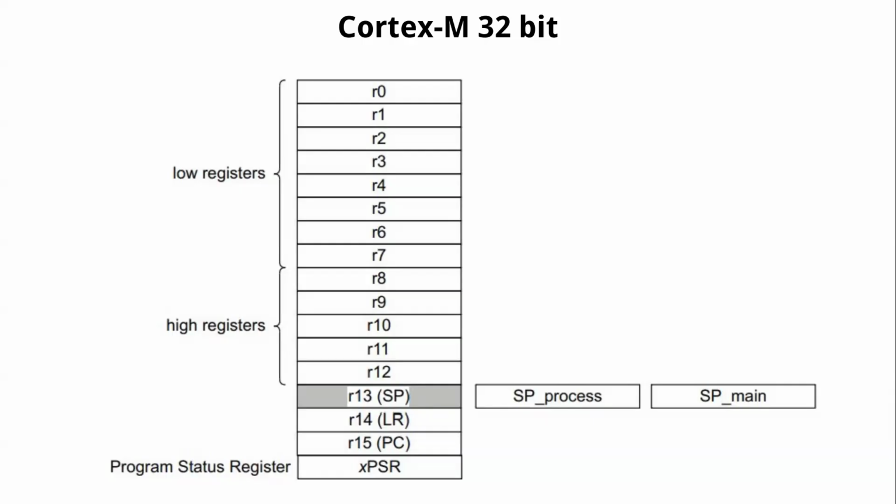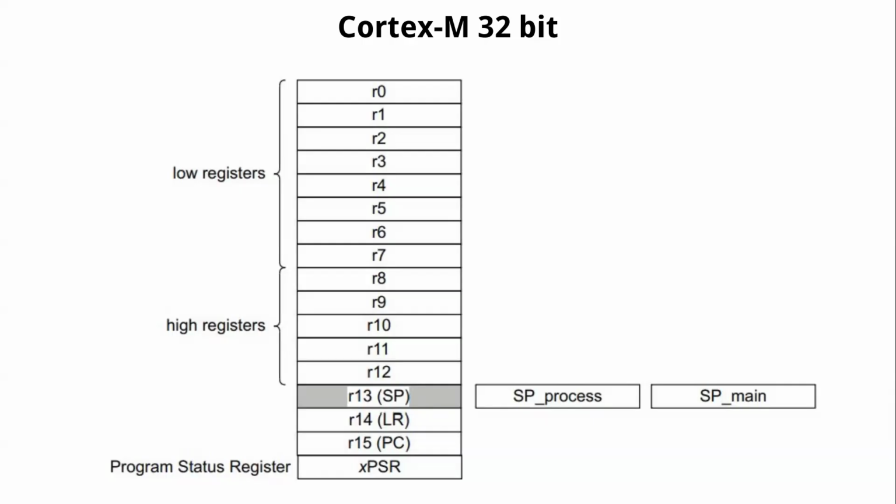I think ARM had a report last year saying that there are 250 billion Cortex-M CPUs in the world already. So a huge number of them. And this CPU only has 12 general registers, but still compared to x86, that's more.